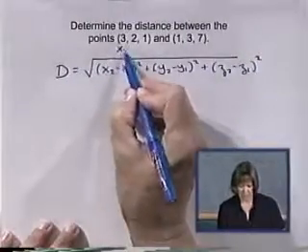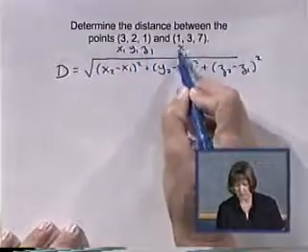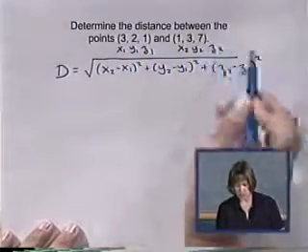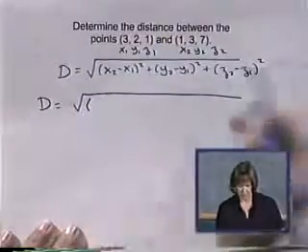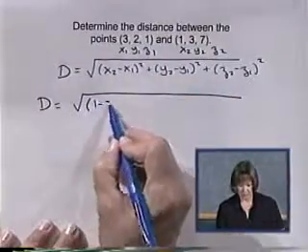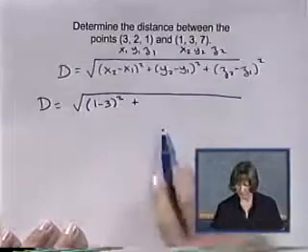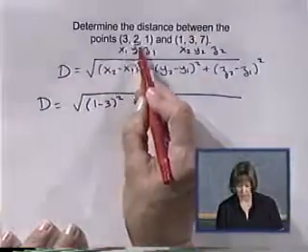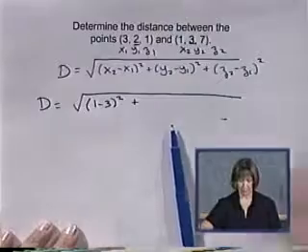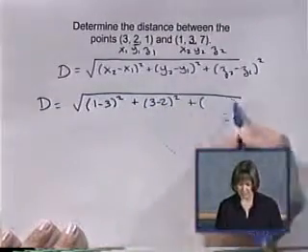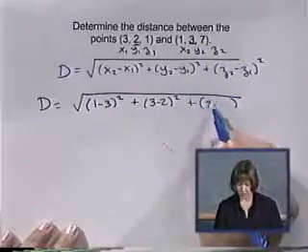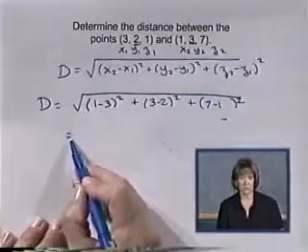So this is going to be my x1, y1, z1, and this is my x2, y2, z2. So my distance is going to be the square root of 1 minus 3 squared plus, we have to subtract our y coordinates, so it's going to be 3 minus 2 squared plus 7 minus 1 squared.